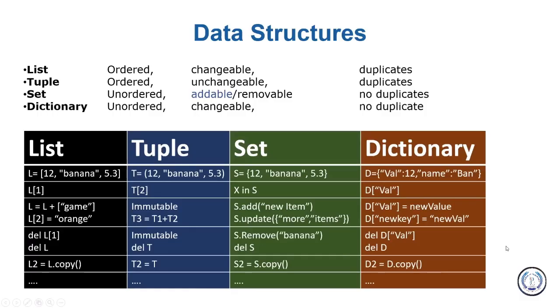I mean, you can explore many more functions of list, tuple, set, and dictionary, and what you can do with each of them, and in which scenario what kind of thing is more suitable than the other. That completely depends upon the problem at hand.